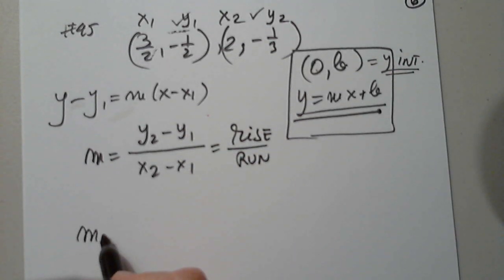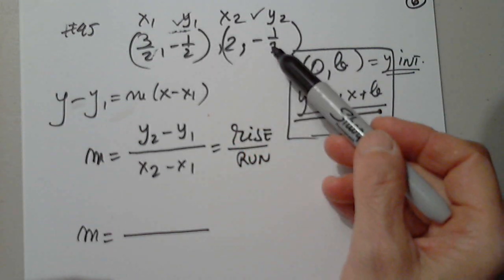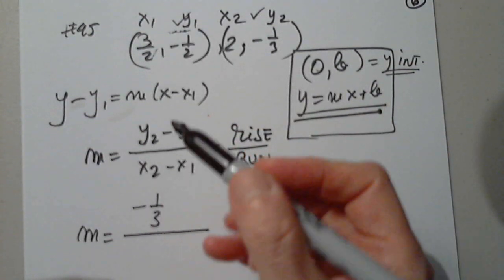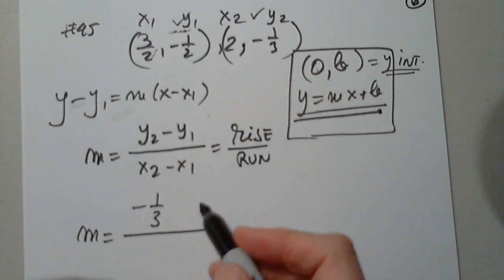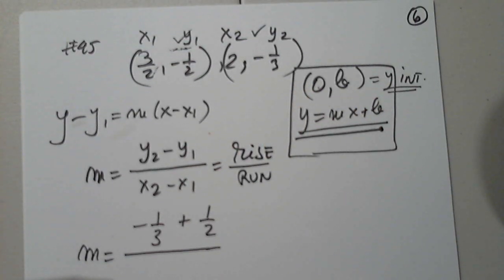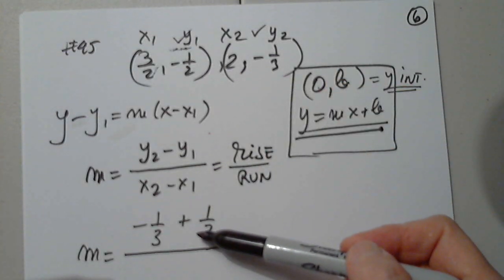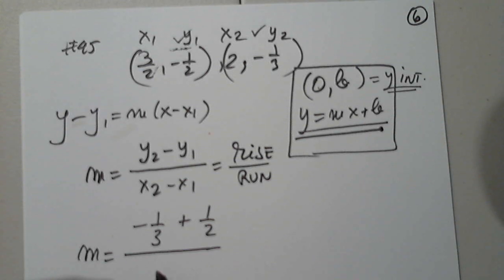So then the slope is y2 minus y1, -1/3 minus -1/2, plus 1/2. So negative will change that into positive, over x2, which is 2, minus 3/2.